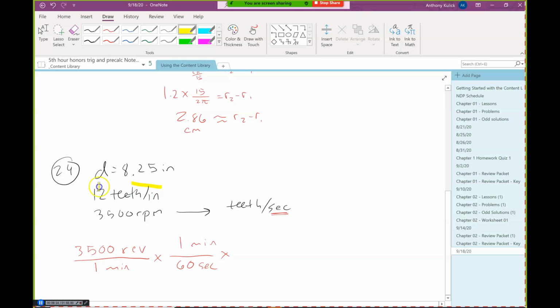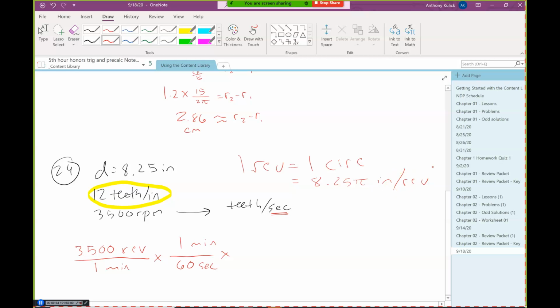Well, we have one conversion factor already that relates teeth to linear distance, right? Teeth per inches. So my goal then is going to be to convert revolutions into some linear distance. And the way I do that, I remember that 1 revolution is equal to 1 circumference. So in this case, that is 8.25 pi inches per 1 revolution.